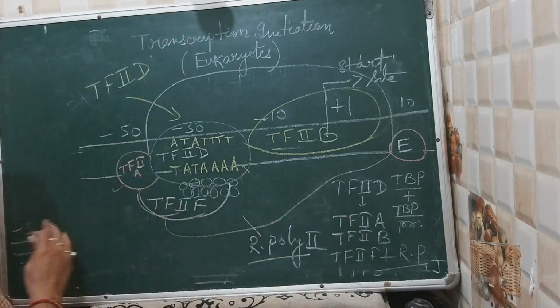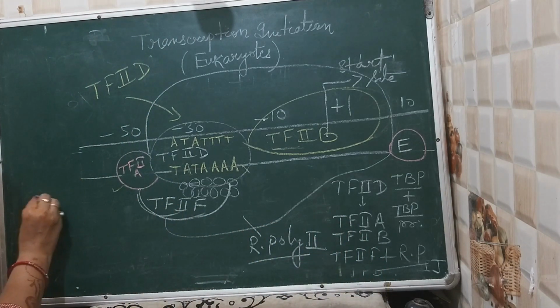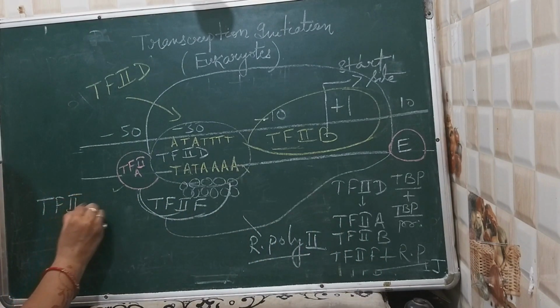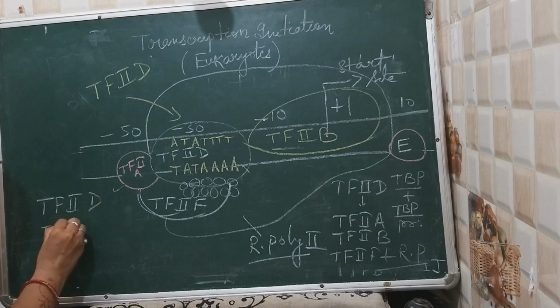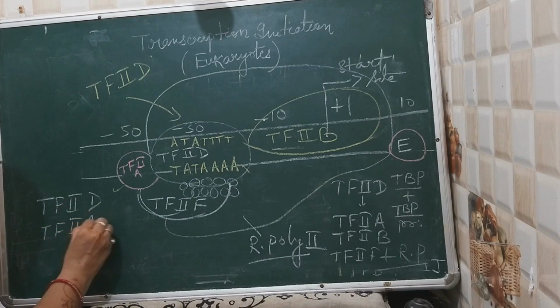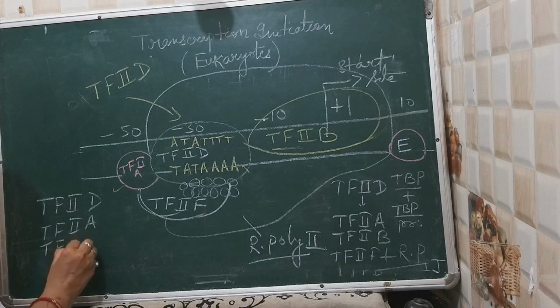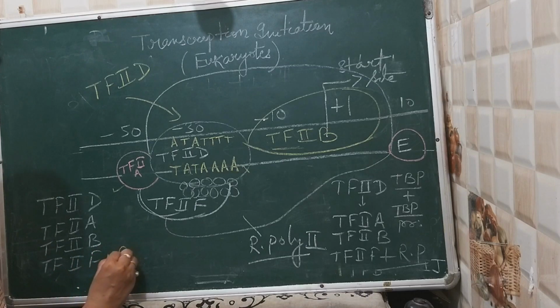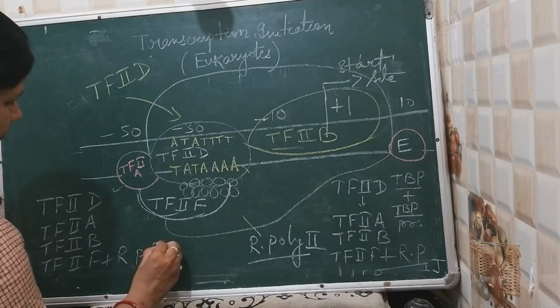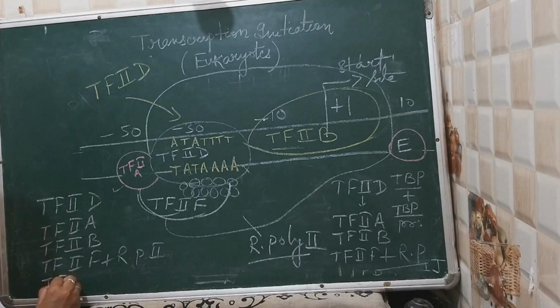Okay, so here is the sequence: TF2D, TF2A, TF2B, TF2F plus RNA polymerase 2, TF2E.